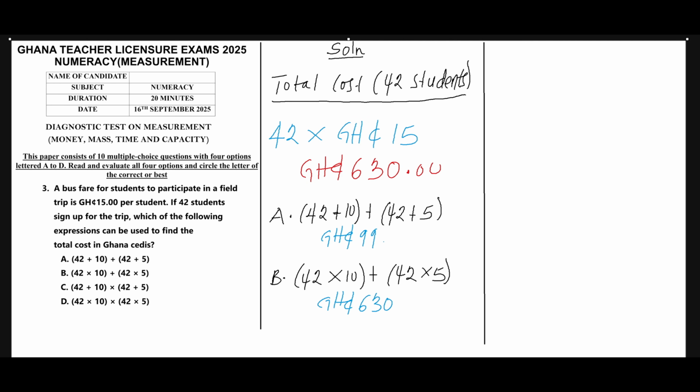For option C, we have 42 plus 10 multiplied by 42 plus 5.